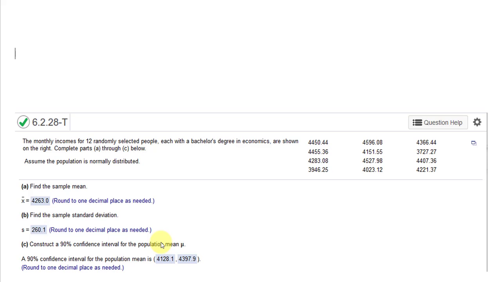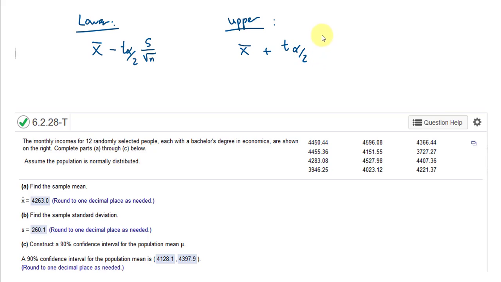To find a confidence interval, remember we had the formula for the lower bound, X bar minus T alpha over 2 times S over the square root of N, and for the upper bound we have the plus formula.